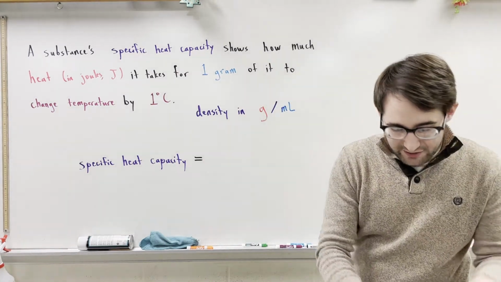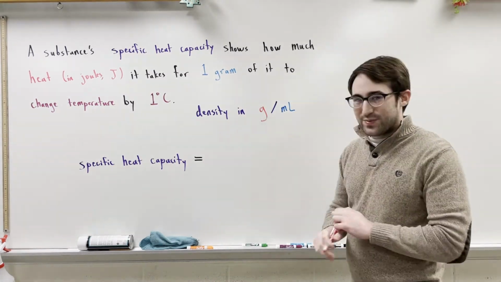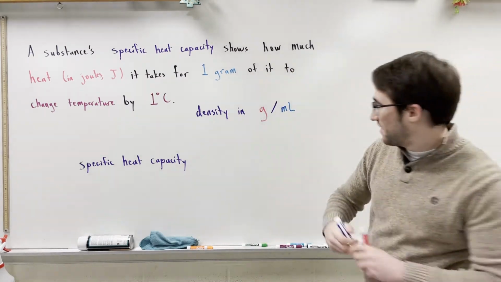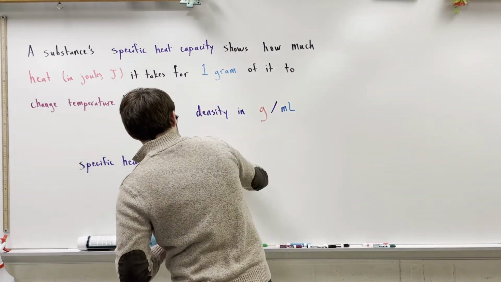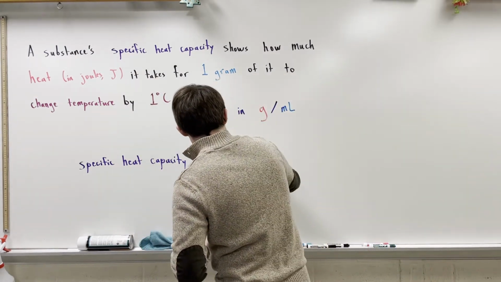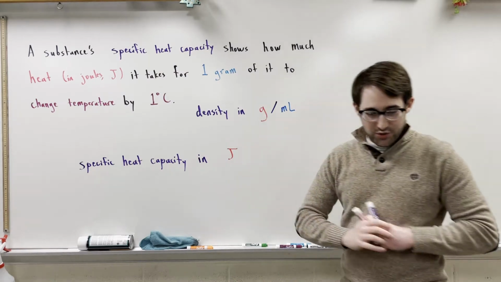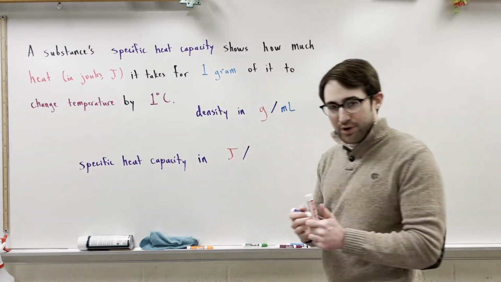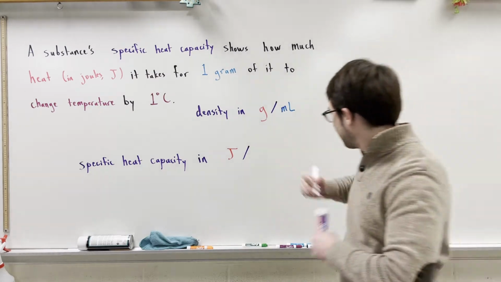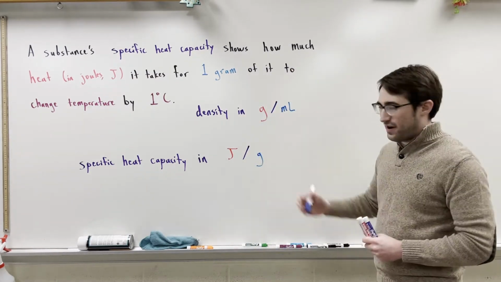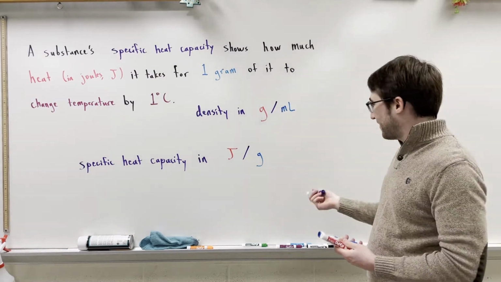Okay? So generally, the units of specific heat capacity are going to be written something like this. Joules per gram, and also per degree Celsius.